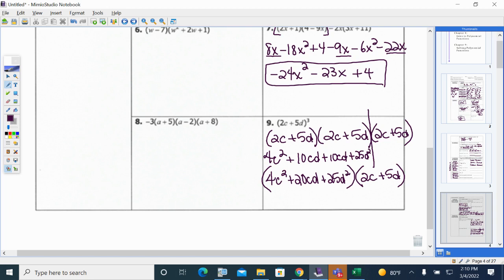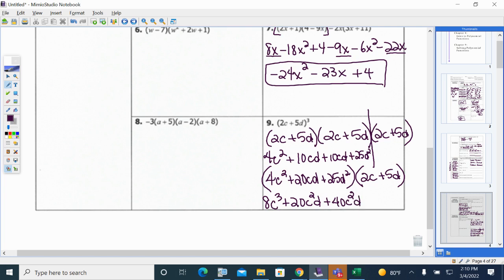So 4c squared times 2c is 8c cubed. 4c squared times 5d is a 20c squared d. This problem is about to get really confusing. Now the 20cd times 2c is a positive 40c squared d.